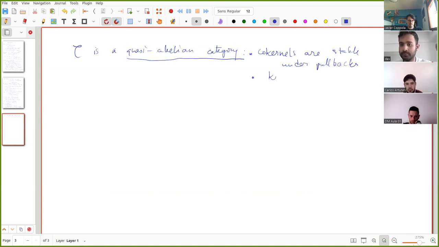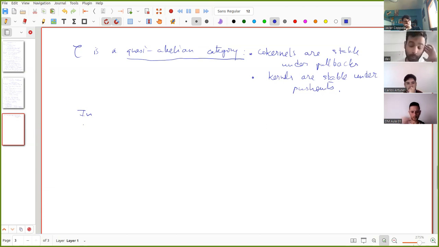And furthermore, dually, kernels are stable under pushouts. Again, in particular, if you don't care about what quasi-abelian categories are, then what is true is that any quasi-abelian category embeds fully faithfully inside an abelian category.